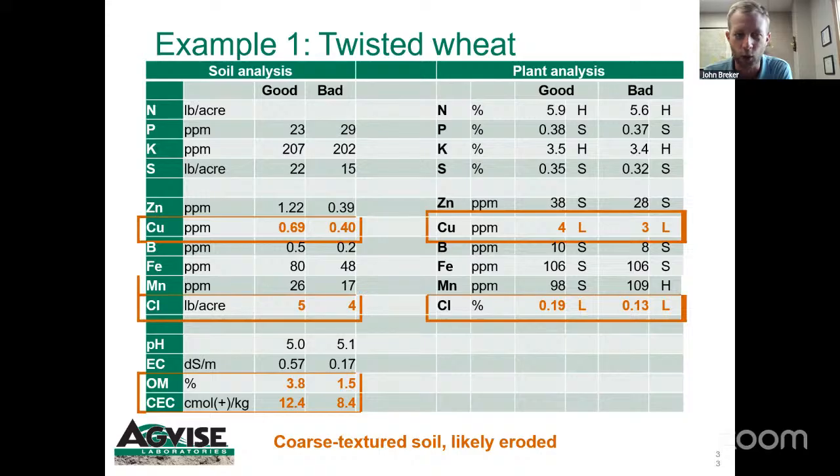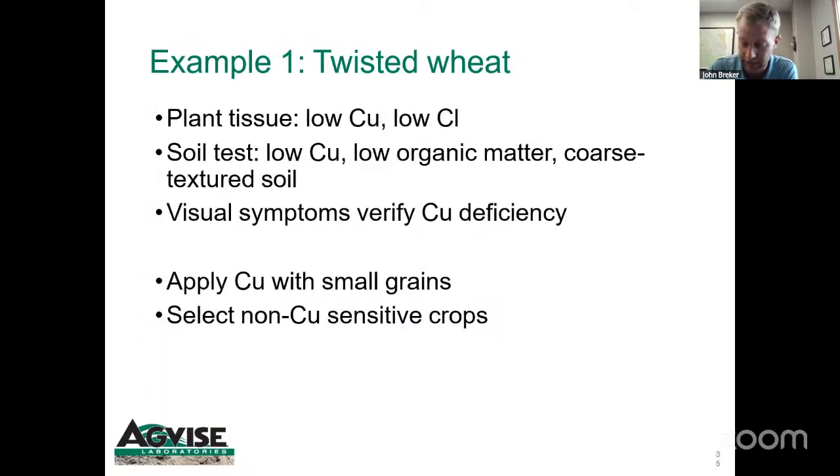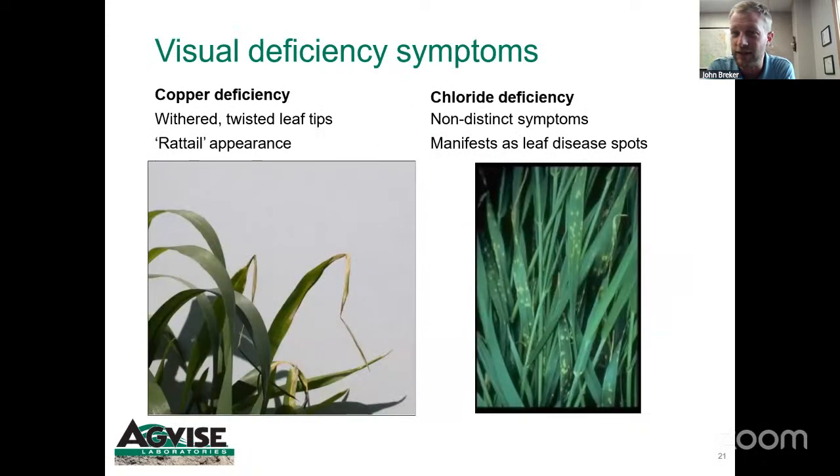Then we look at the plant tissue, and we notice that copper and chloride are both low in that plant sample as well. When we compare this against other photographs and reference samples, those classic little withered, twisted leaf tips matched the rat tail appearance of a copper deficiency.